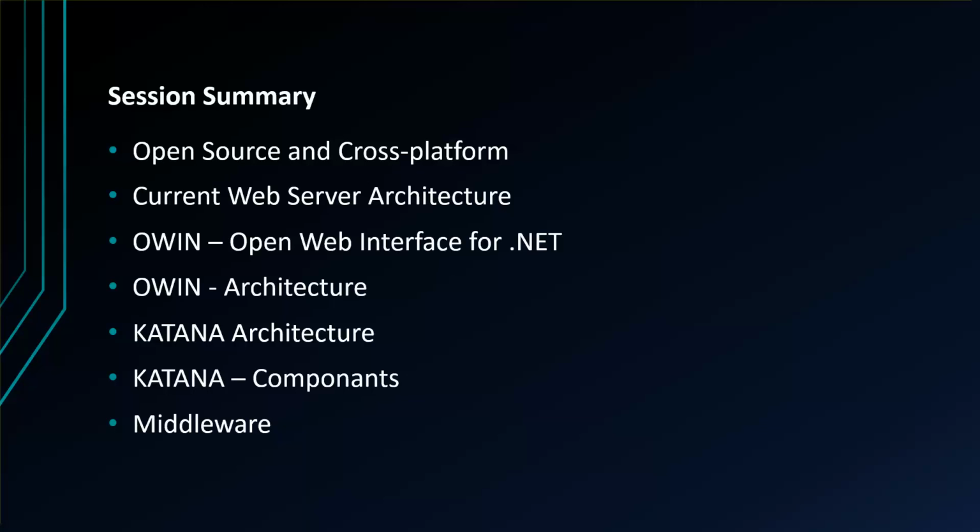We saw how the Katana architecture fits in our ASP.NET world, how it provides an interface and decouples our web server and ASP.NET runtime, and we have seen middleware, how we can compose a set of middlewares and how we can configure middleware in the request pipeline, and where we can configure our middleware in our ASP.NET MVC6 application.